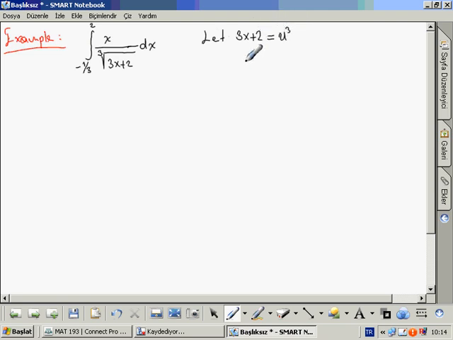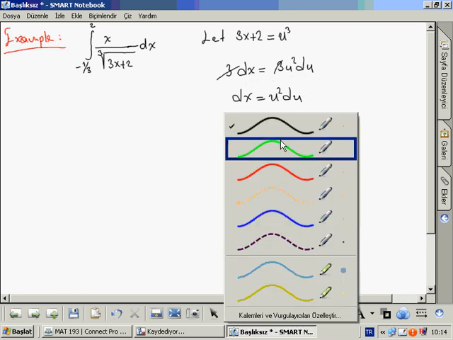After that, I'm sorry, 3 dx equals 3u squared du, and dx equals u squared du.